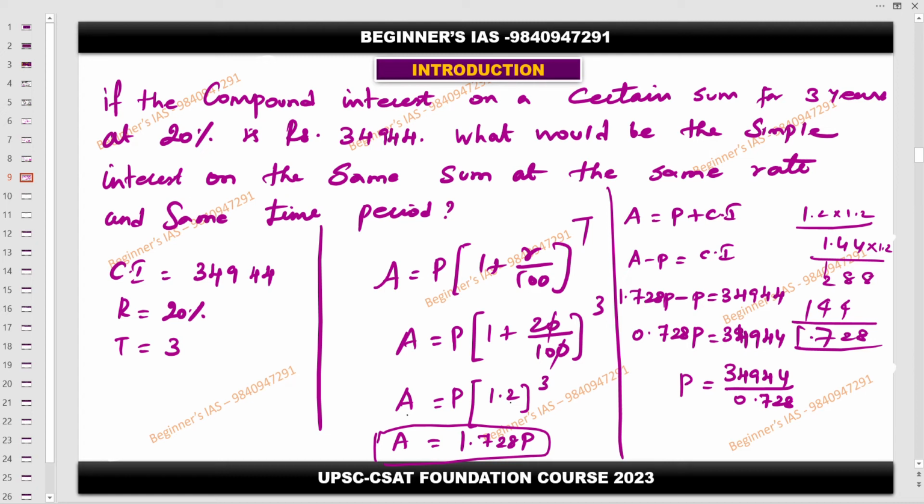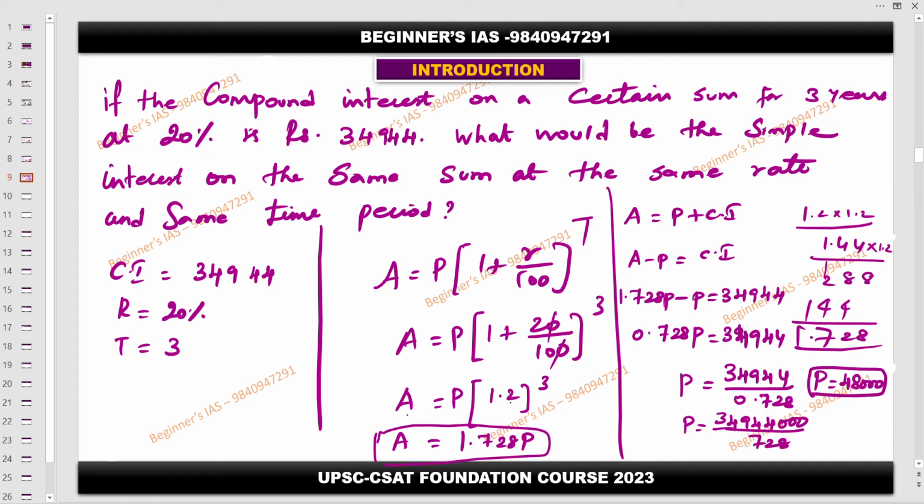Then find out the exact value here. What is the P? 34944 by 728. Anybody using a calculator? What is the answer? 48,000, sir. P is equal to 48,000.